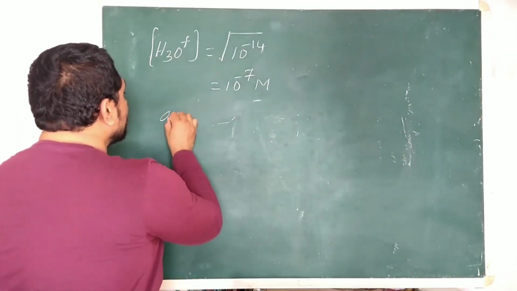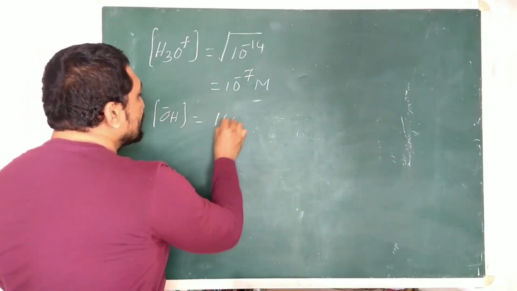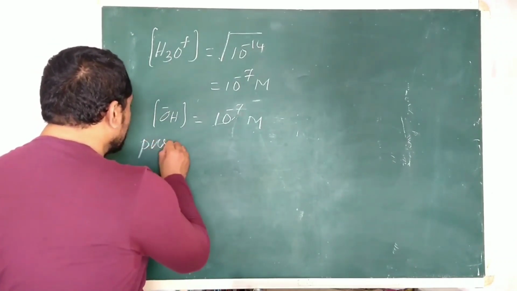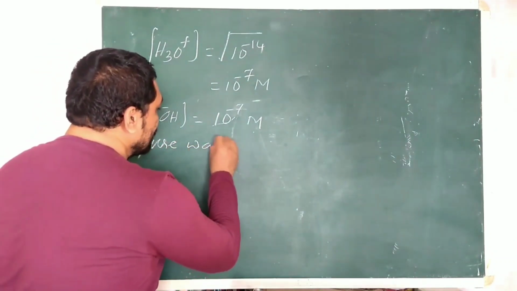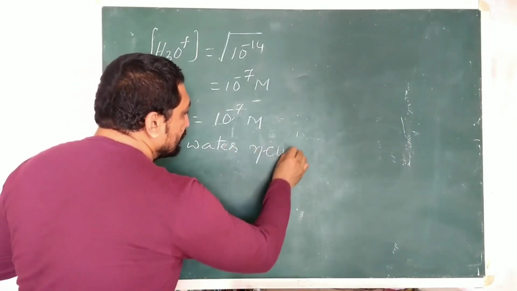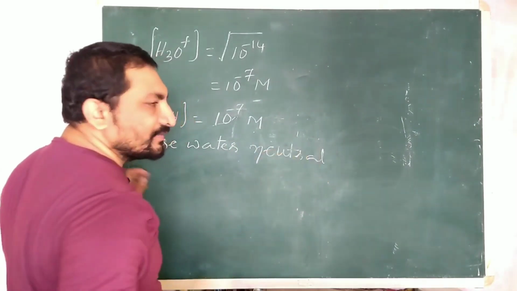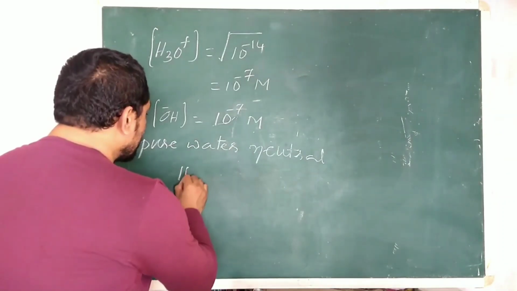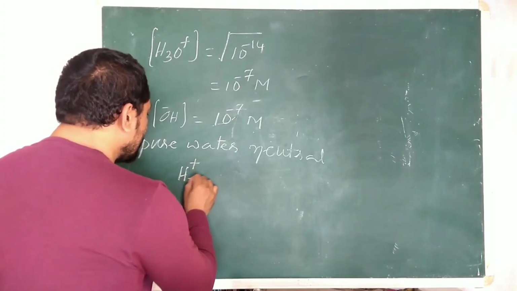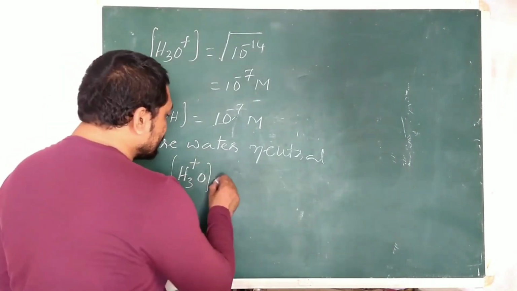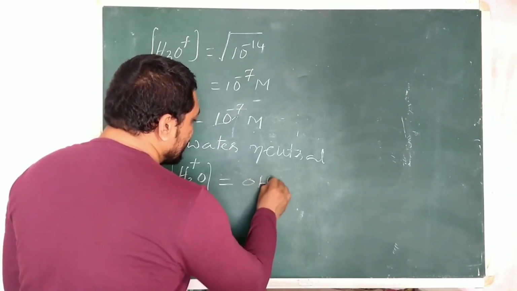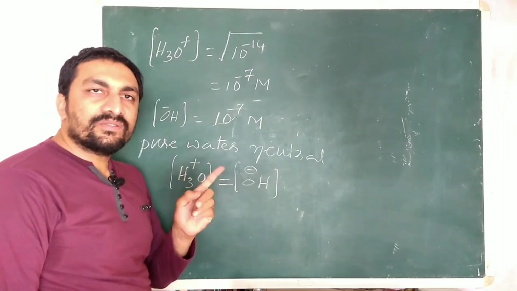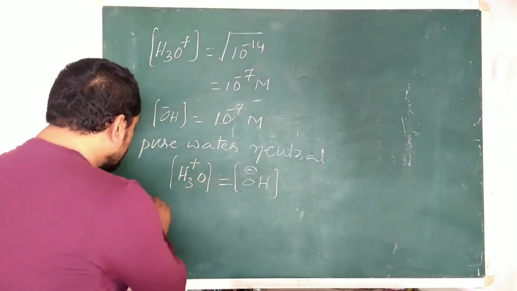Therefore OH minus concentration is equal to 10 to the power minus 7 M. So for pure water, which is neutral, H3O plus concentration is equal to OH minus concentration. Therefore for neutral solutions, H3O plus concentration is always equal to OH minus concentration.